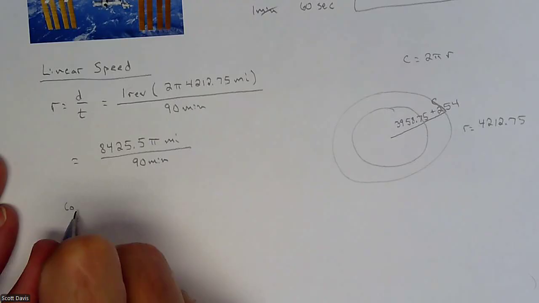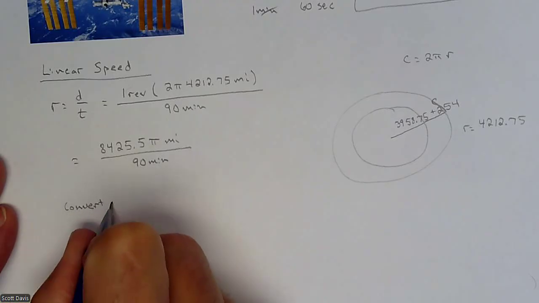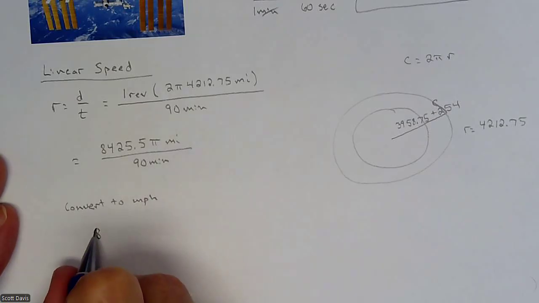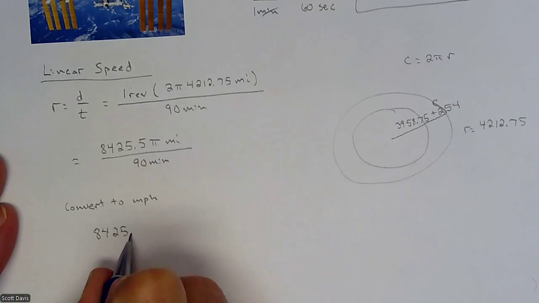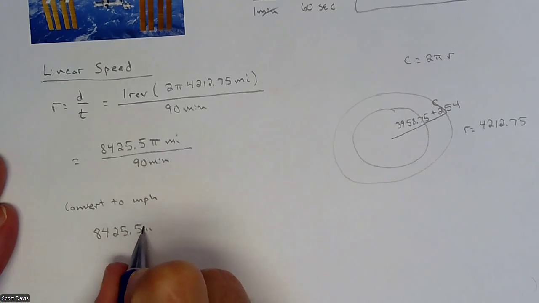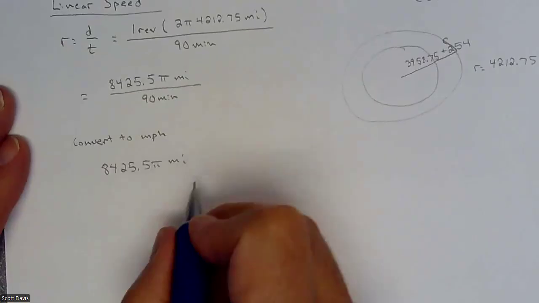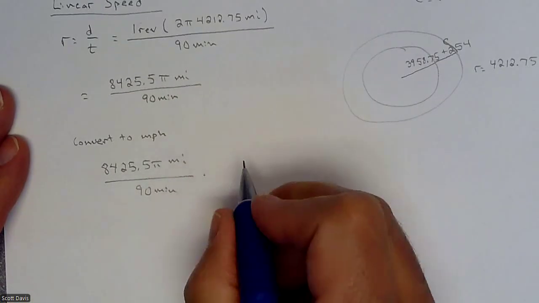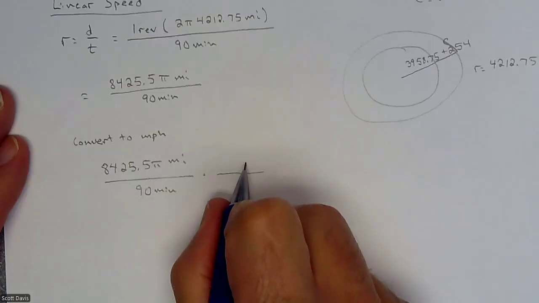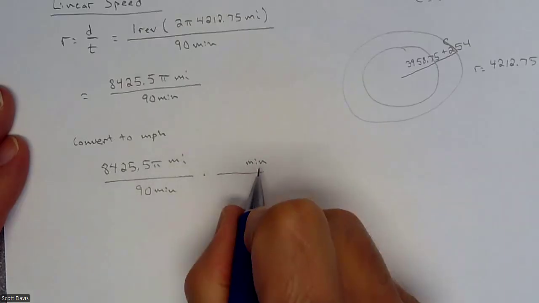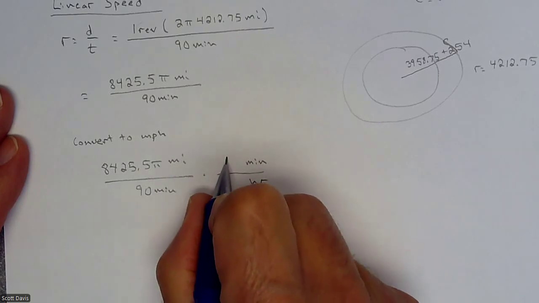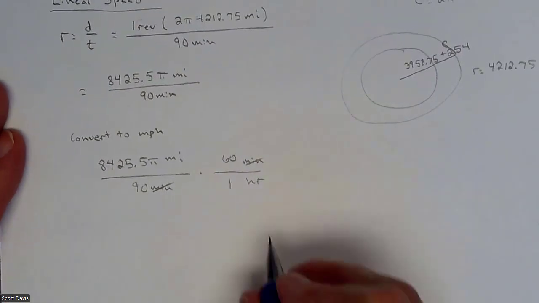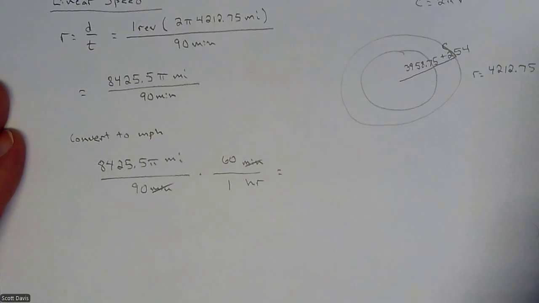So we need to convert to miles per hour. So we're going to take that 8425.5 pi miles in 90 minutes. And I need my minutes to become hours. So I need my minutes to cancel and convert to hours. So we're looking at 60 minutes for 1 hour. That goes away. And then from here, I'm just throwing this into the calculator and see what kind of value we're going to get.